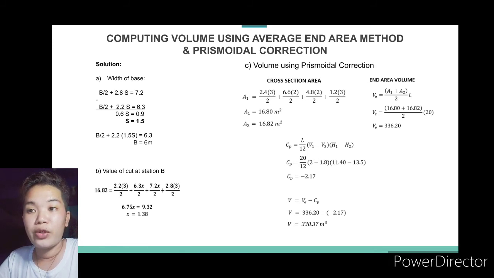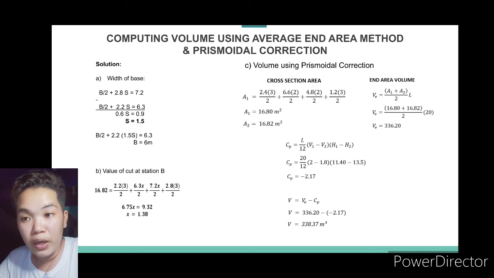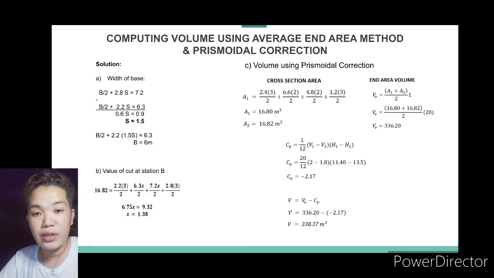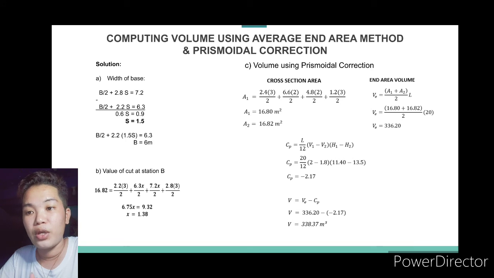And to solve for the volume using prismoidal correction, we have to solve for the prismoidal correction first. Using the formula L over 12 multiplied by the difference of the vertical distance of the section, as well as the difference of the horizontal distance of the section.